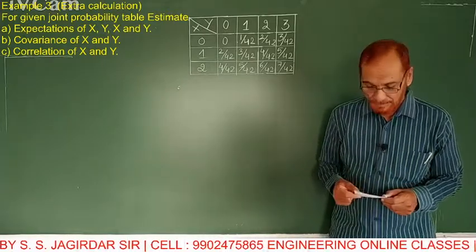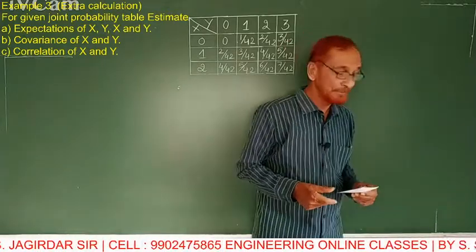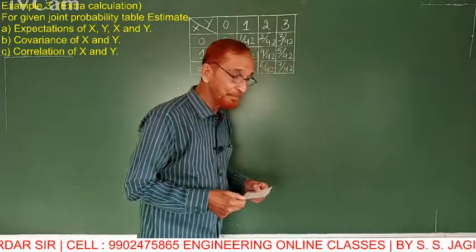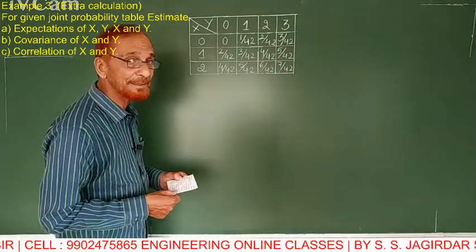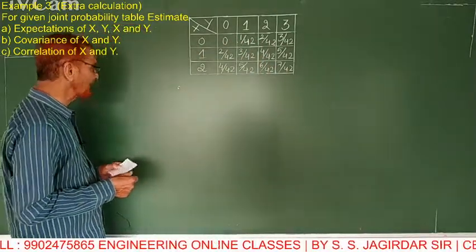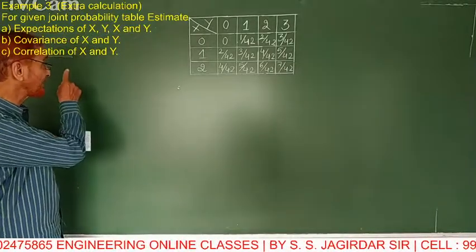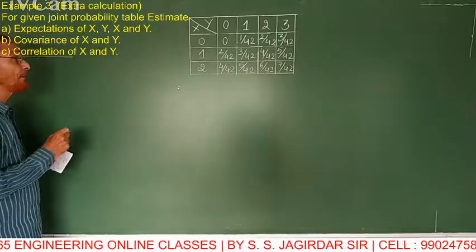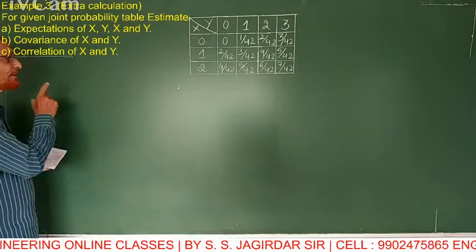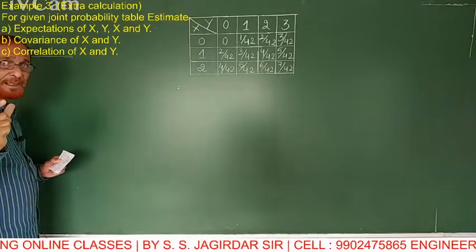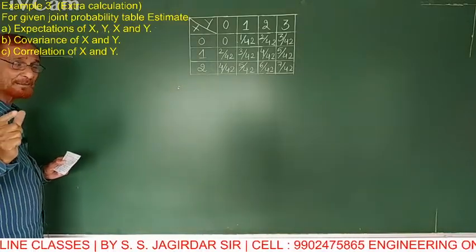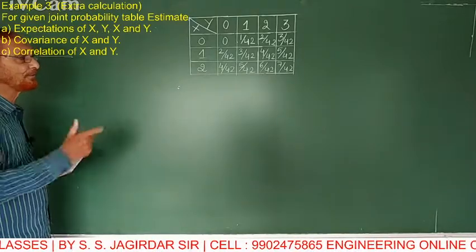Let's begin. As you read on the board, you have to estimate expectation of x, expectation of y, expectation of xy. Also you have to go for covariance. So first we will begin with the expectation of x, expectation of y, xy with this table.